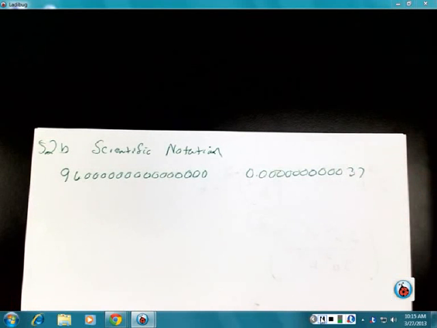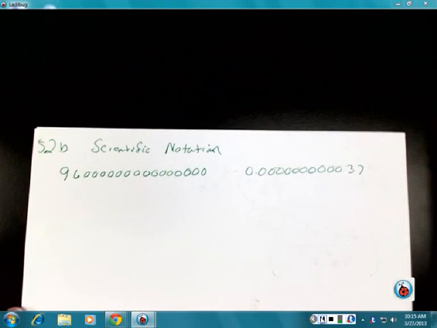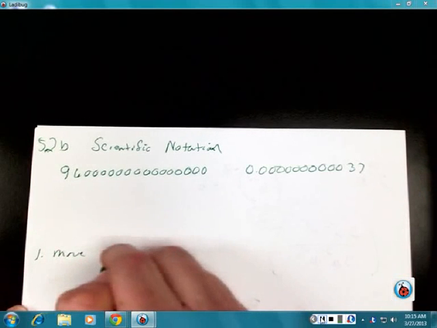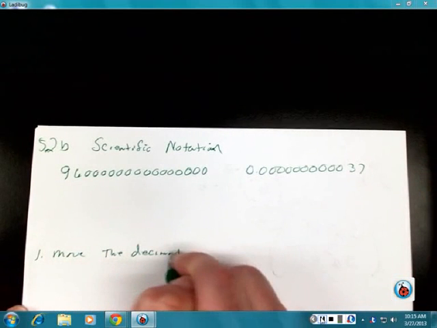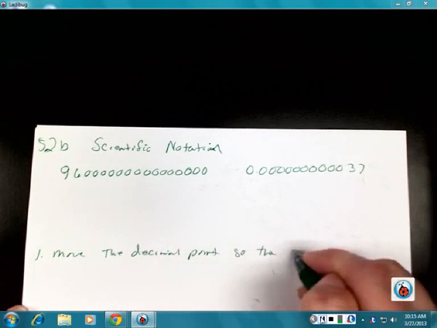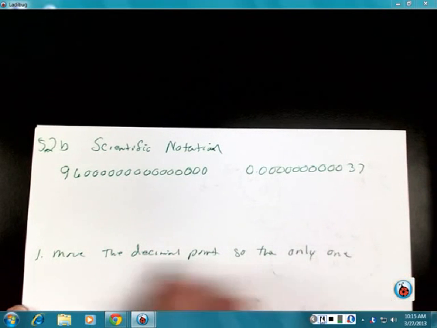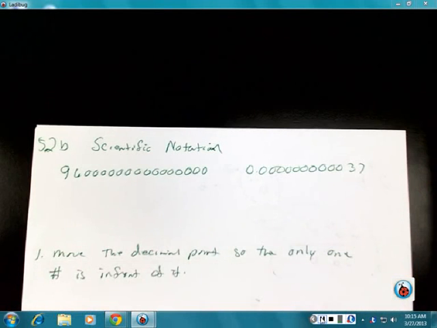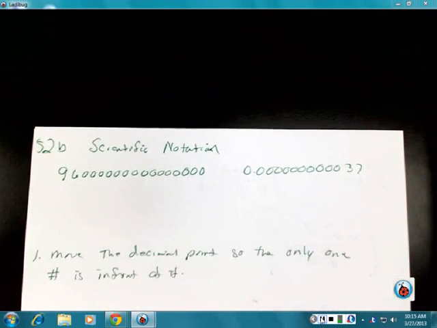The rules for these are pretty much the same. The first one is move the decimal point so that only one number is in front of it. So where's my decimal point in this gigantic number?